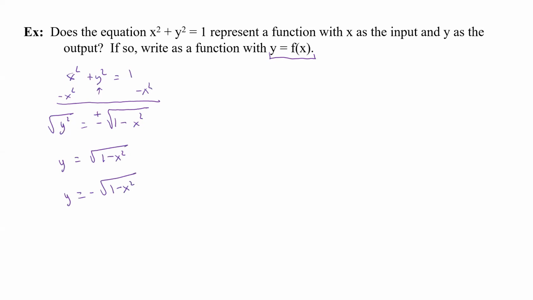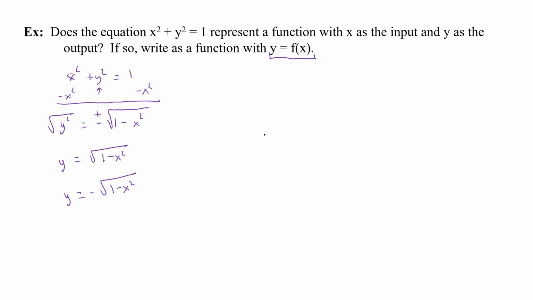Okay, so that means if I plug in one value of x, whatever I plug in, I get two different outputs. One value is going to give me two different things. I'm going to get a positive one and I'm going to get a negative one.